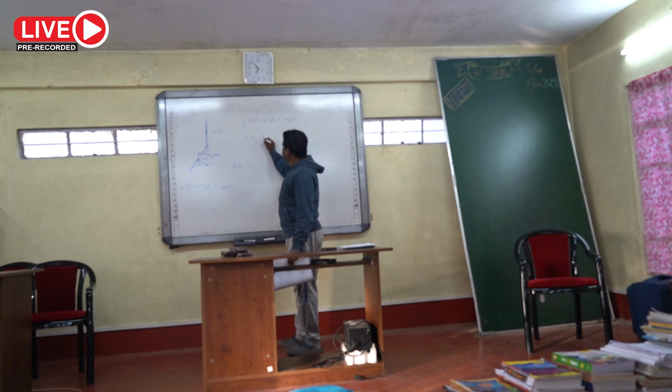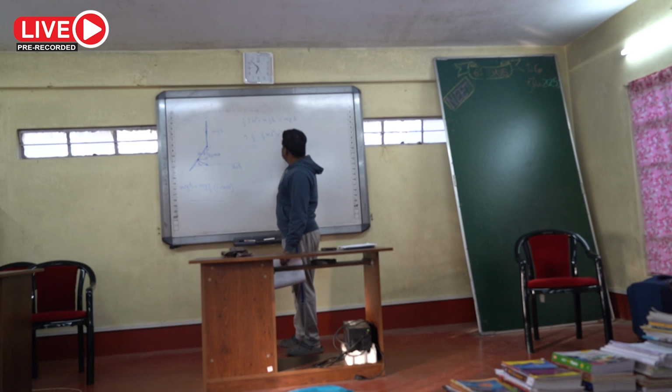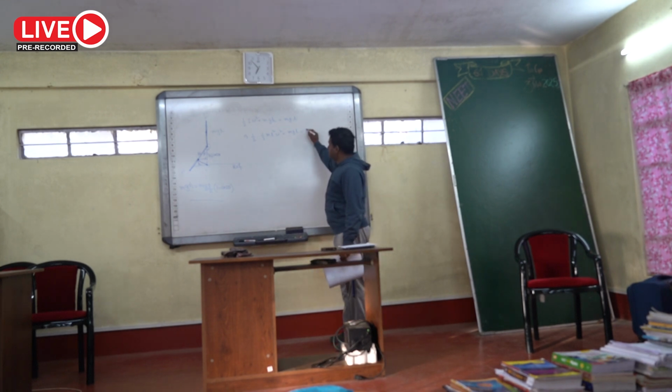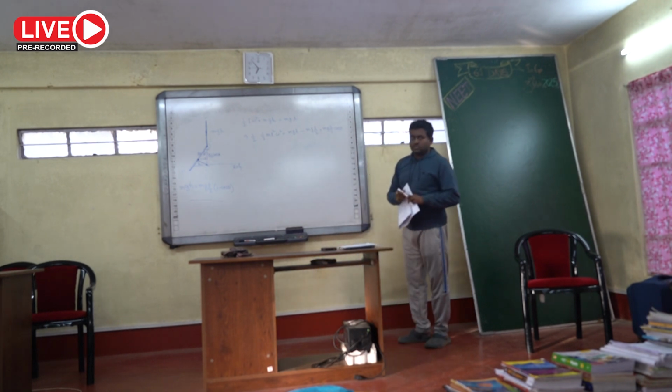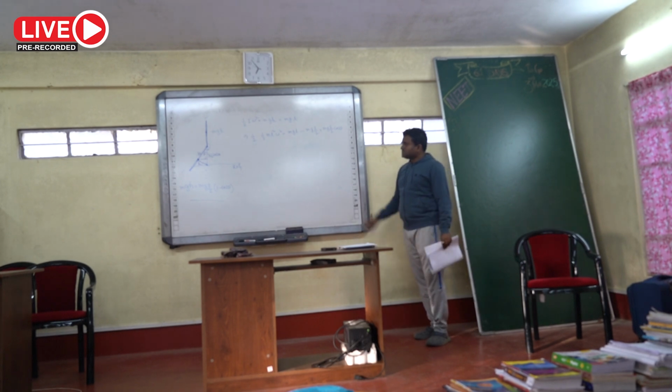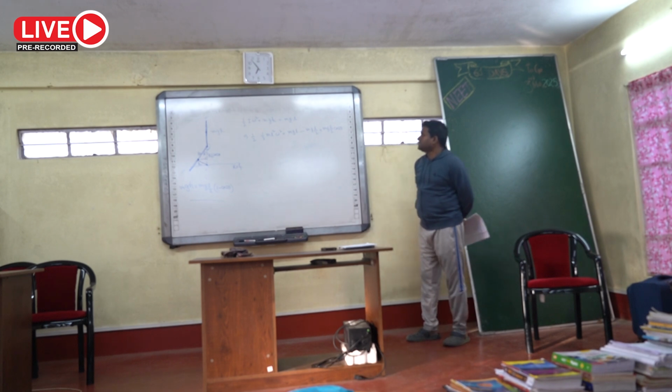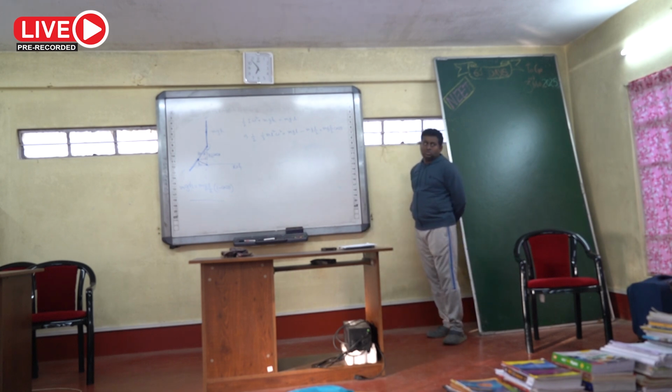So it will be half into 1 by 3 mL square into omega square equal to, on that side, mgL minus mgh. mgh means mgL by 2 plus mgL by 2 cos theta. Okay. I substituted both the values and subtract. Minus mgL by 2 cos theta.